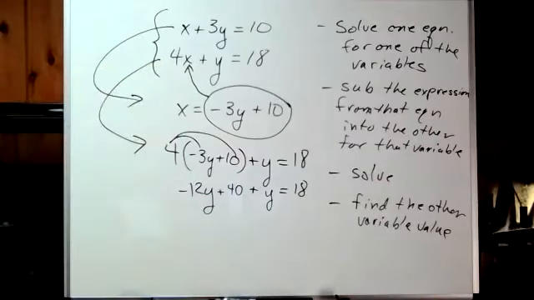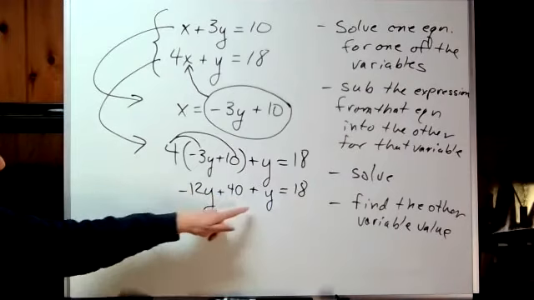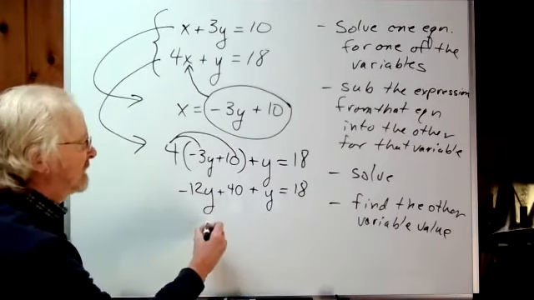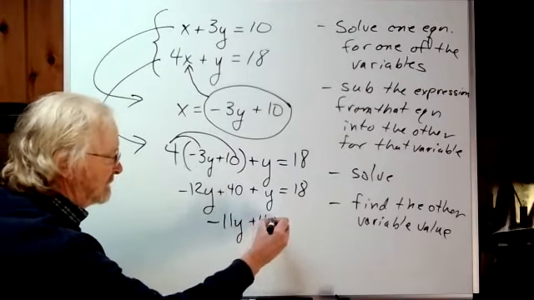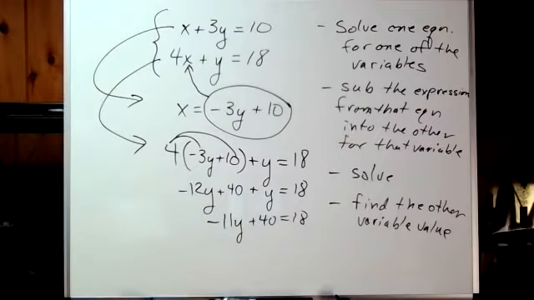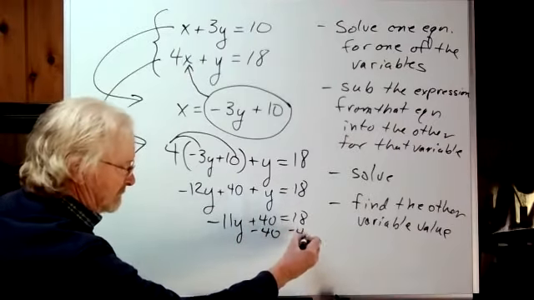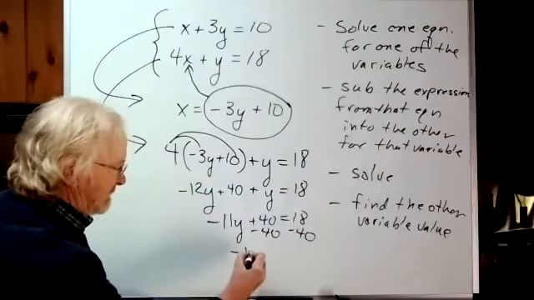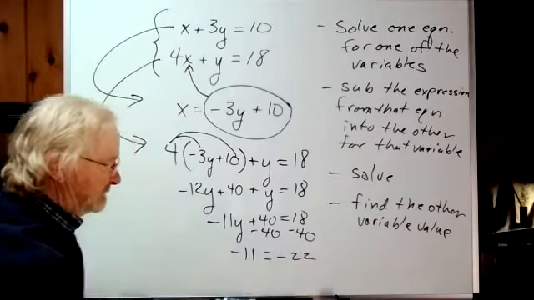All right. Combine some like terms. Negative 12y plus 1 means I have negative 11y's plus 40. I'll subtract the 40 from both sides. Negative 11y equals negative 22.